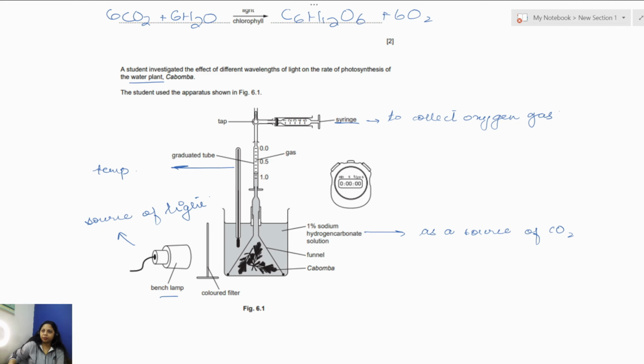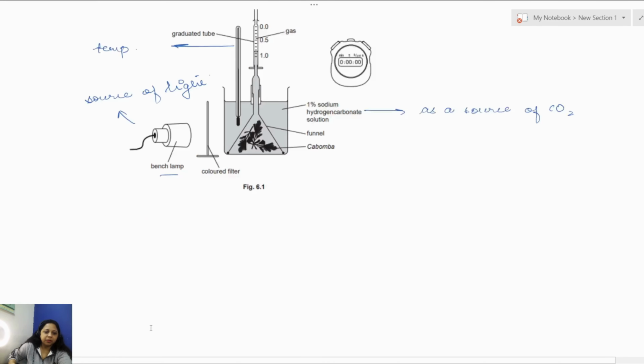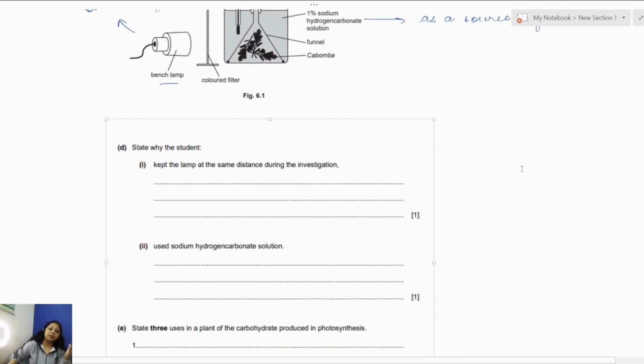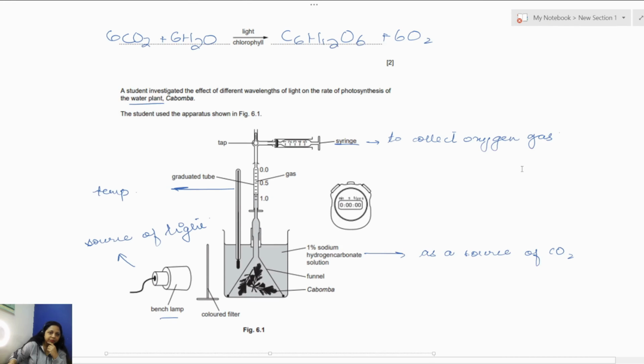I'm giving you one question. Just go through it because it's related to practical as well. State why the student keeps the lamp at the same distance during the investigation. Let me give you the whole statement. The question is about a student who investigated the effect of different wavelengths on the rate of photosynthesis. So what is the dependent variable and what is the independent variable? Exactly.